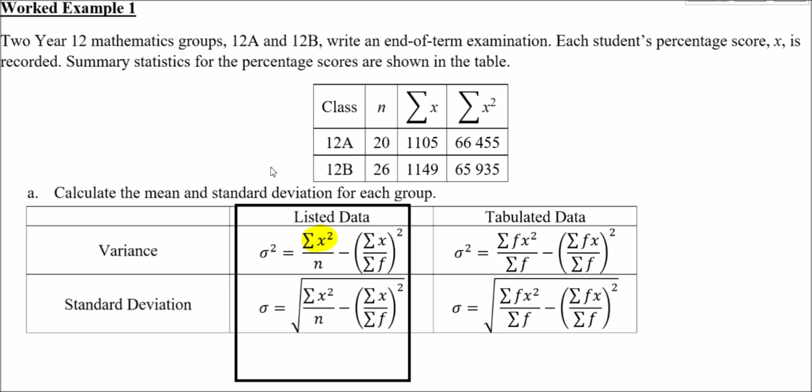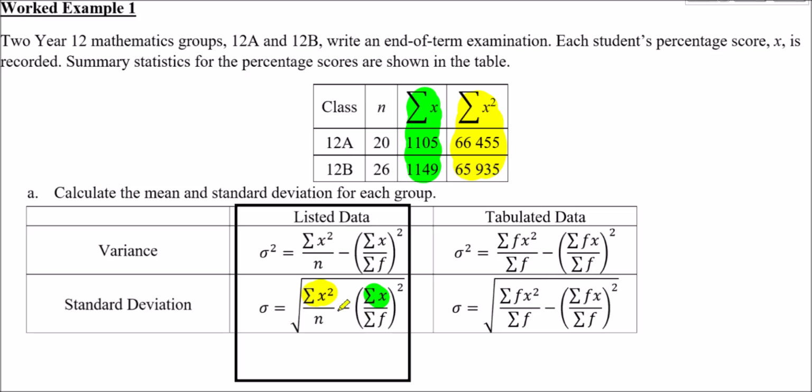We're wanting standard deviation, so we put that there. We know those, so that's good. What else are we told? To work out the standard deviation from this, we need sigma x. Well, that's great, because we've been told this as well. Sigma x is this column here.